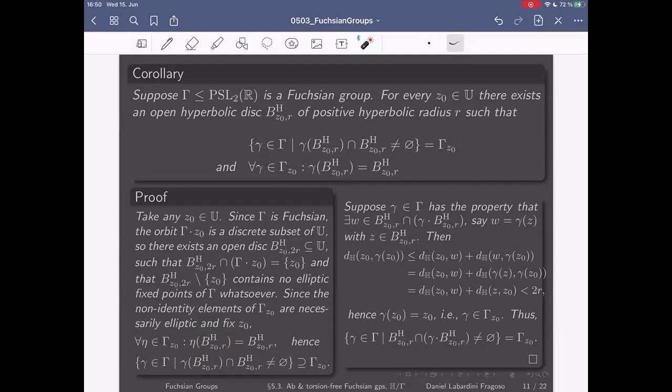Okay, right. So it fixes this hyperbolic disk because eta acts as an isometry, and in particular we get that this set here, which is the set of all elements in gamma which have this property, definitely contains the stabilizer.